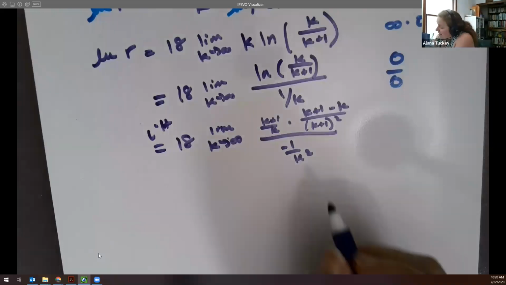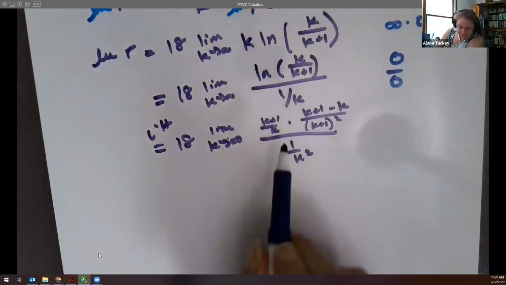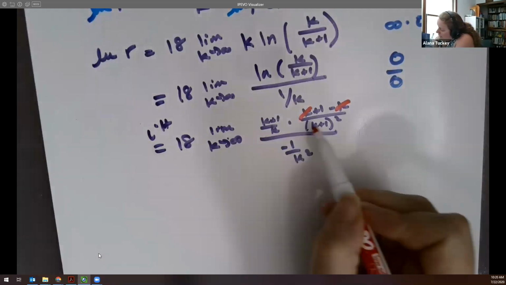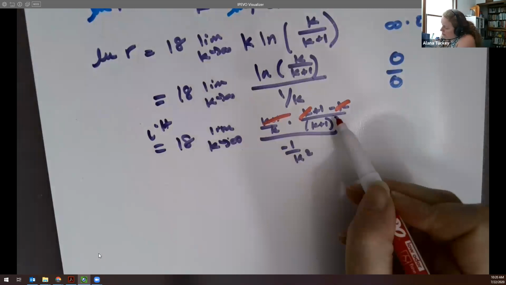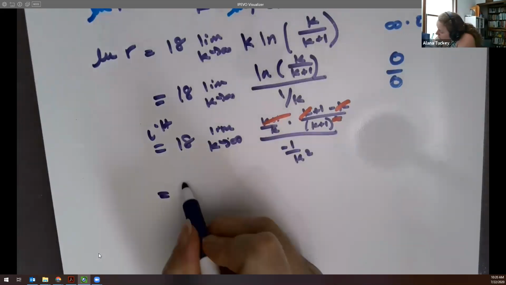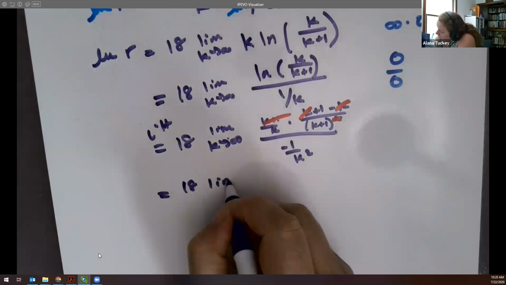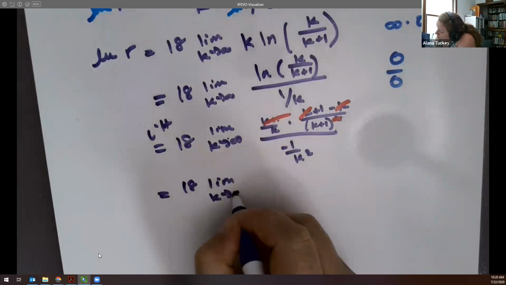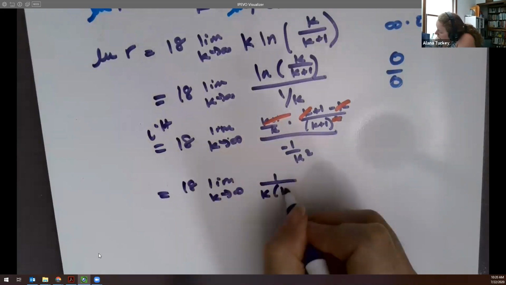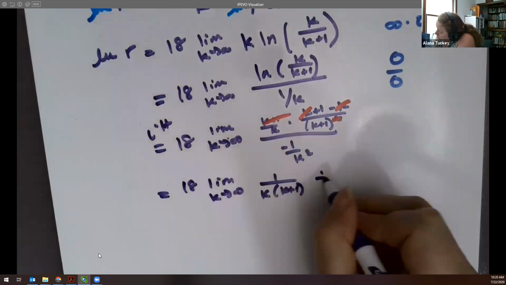So then, now I can cancel. This is k and this is minus k. This is a k plus 1 and that's a k plus 1 squared, so that can go. So rearranging, this is 18, limit as k goes to infinity. All right, so I have a 1 divided by a k times a k plus 1, and then I'm dividing that by a negative 1 over k squared.